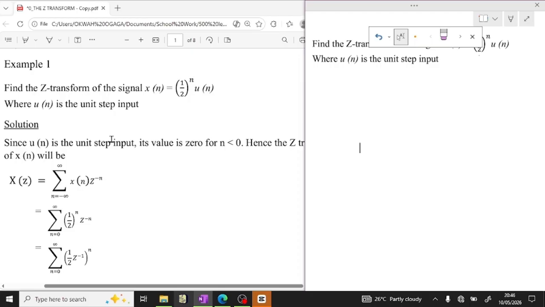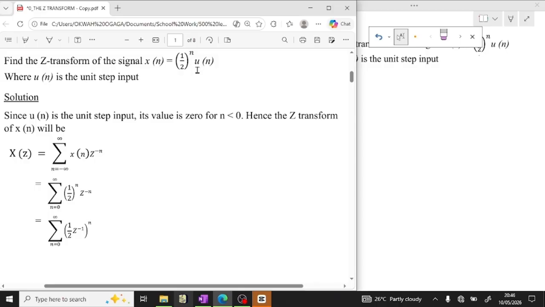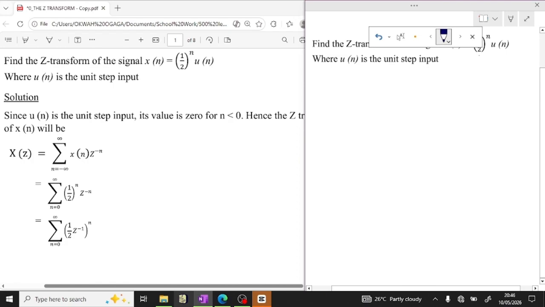Okay, so now we are asked to find the z transform of this signal. Guys, bear in mind, let me write it out first: (1/n) u of n.